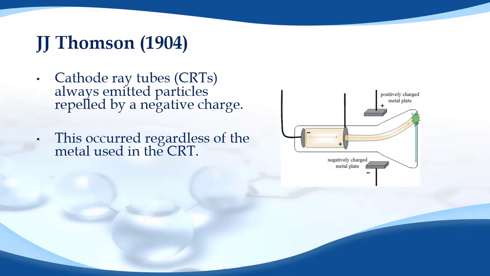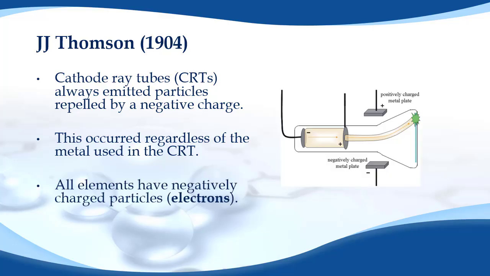Now, it doesn't matter what substance he used to make his cathode ray tube, whether it was copper or gold or steel or whatever else, it all worked exactly the same way. So every atom has to have these negatively charged particles, and he called these particles electrons. So this is the discovery of the electron, right? So if I were to use one word for this, it would be electron.